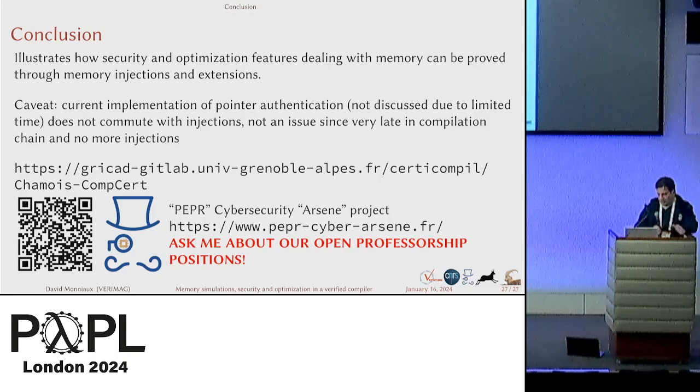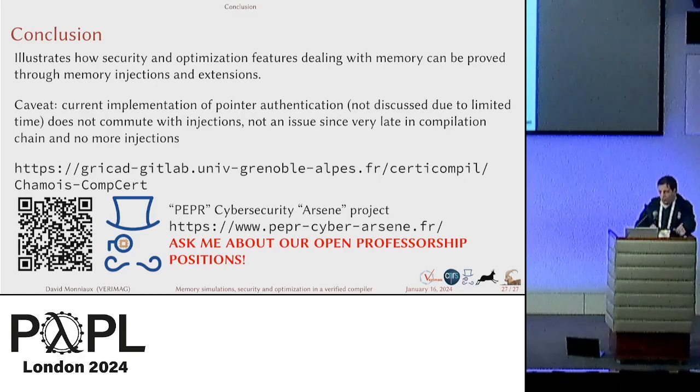Because when we develop things inside Chamois, we want to maximize compatibility with the existing Git code base for CompCert. So if we can reuse the same framework, the same axioms about external calls, it's much better for us. Something that I did not discuss during the talk because I would have been over time.